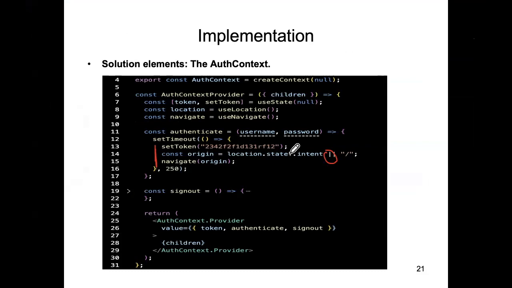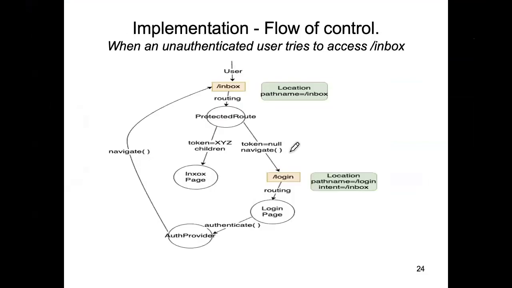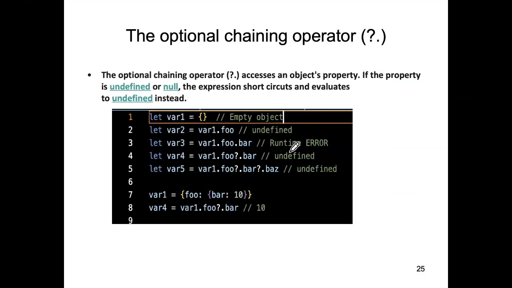This question mark dot is what's referred to as the optional chaining operator in JavaScript. It's another one of these ES6 things that was introduced. And what is it? The optional chaining operator, this question mark dot, accesses an object's property.